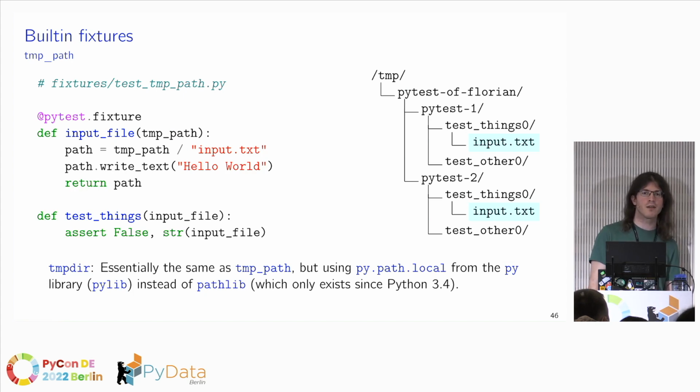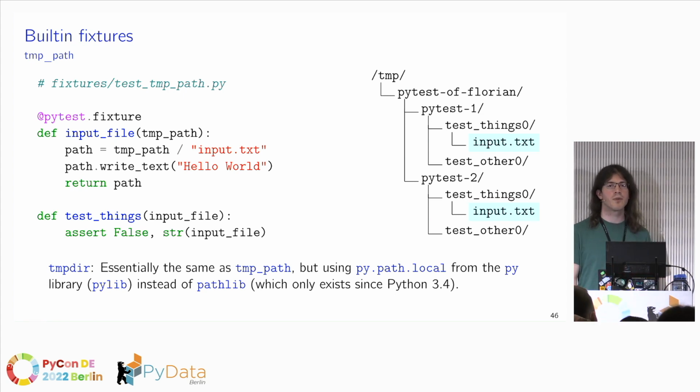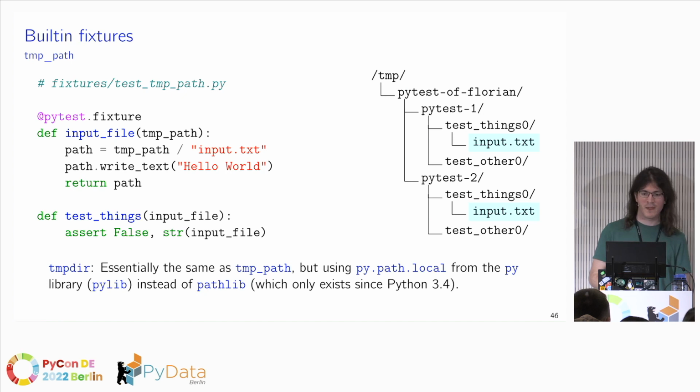Could you raise your hand if you have used Pathlib before? Okay, that's half or maybe three quarters. So Pathlib essentially gives you an object representing a file path instead of using strings for paths.